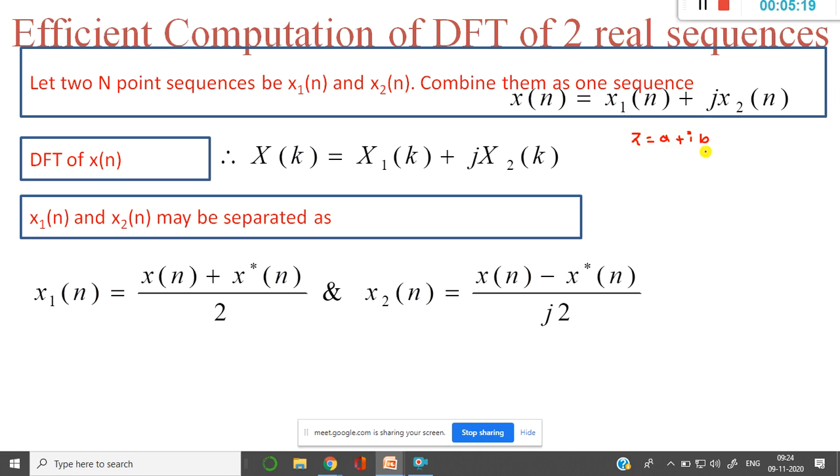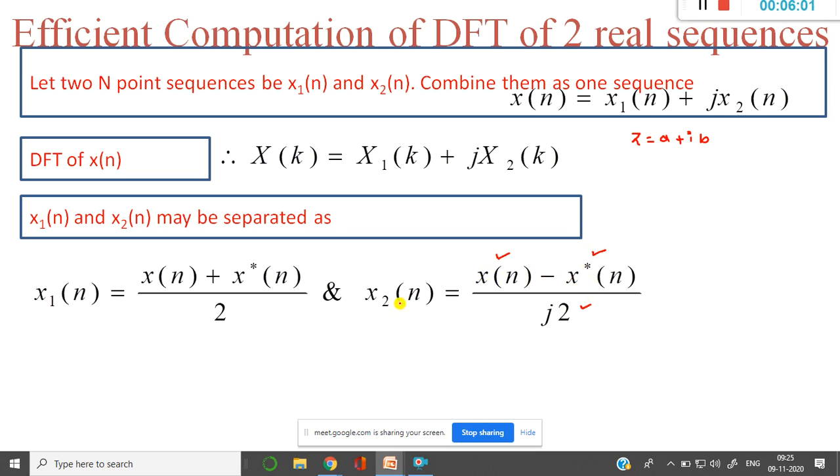You know how to find the values of a and b using z and its complex conjugate. So if you know the x of n value, you can obtain x1 of n and x2 of n such that x1 of n is equal to x of n plus its conjugate divided by 2, and x2 of n is equal to x of n and its conjugate subtracted, divided by 2j.